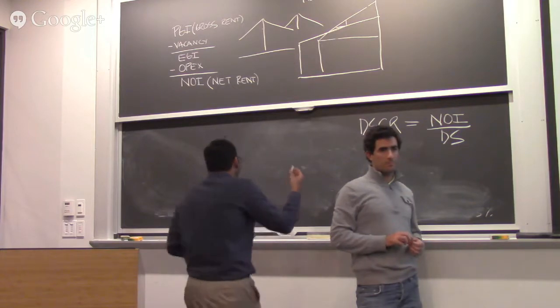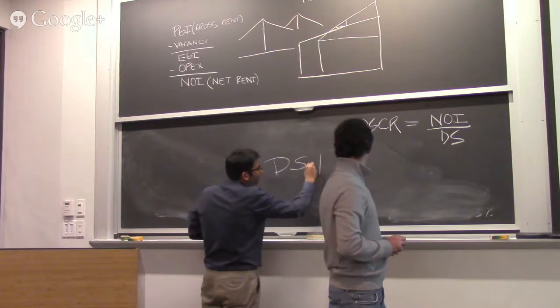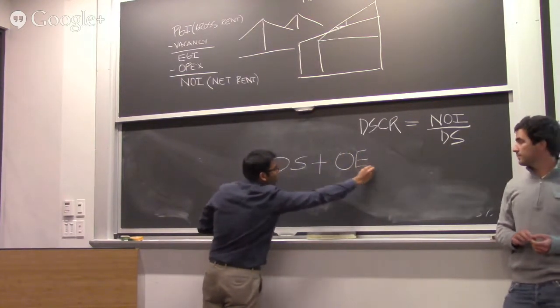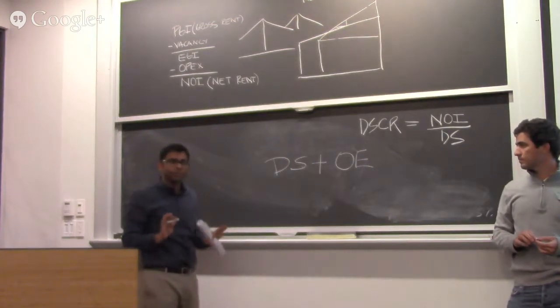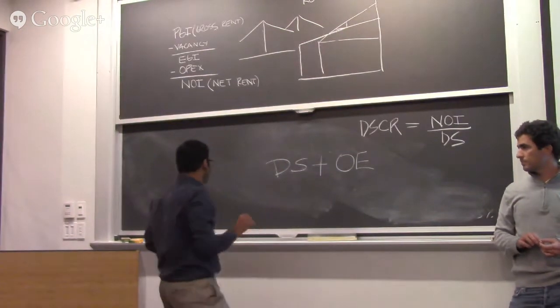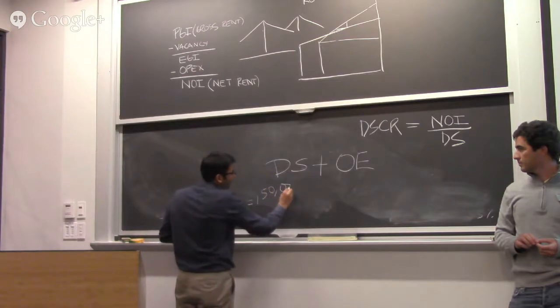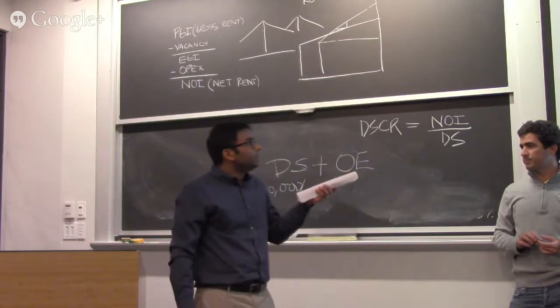What you have to pay is your debt service to the bank, plus your operating expenses. These are the two major categories to look out for. First, you have to calculate the debt service. You know your acquisition and construction cost is 1.5 million.